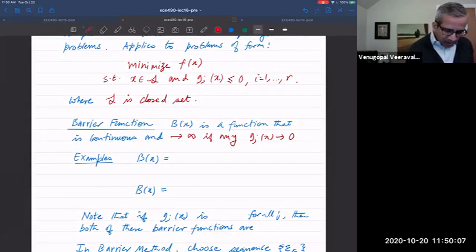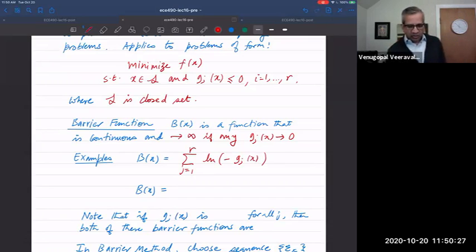Okay. All right. So what are examples of functions that will do this? Examples of barrier functions. The most commonly used one is called the logarithmic barrier function. And this, you just take the log of the negative of Gj. Gj of x is not positive, right?